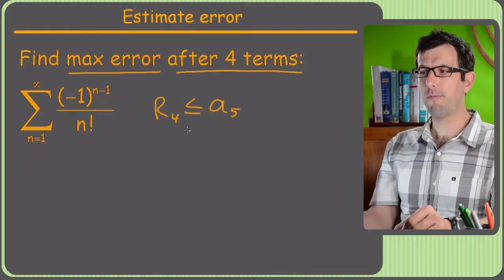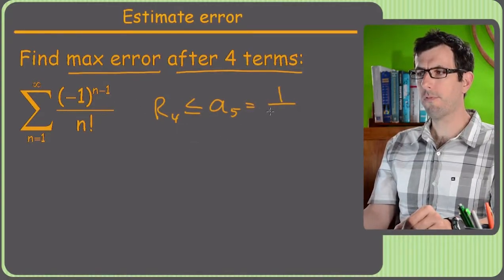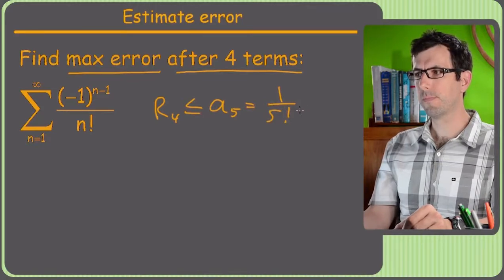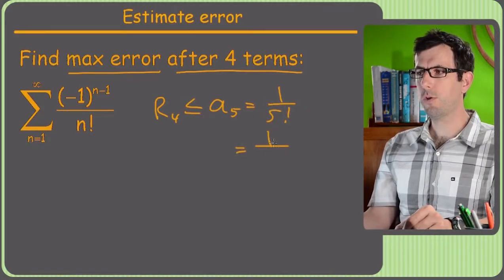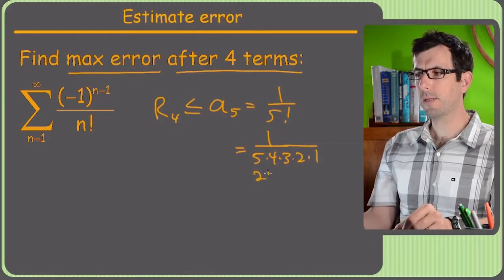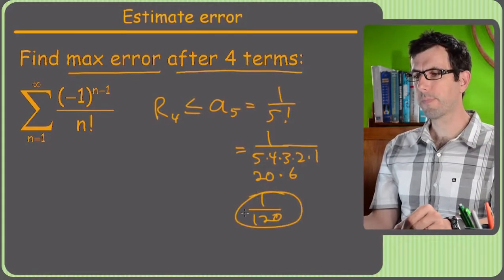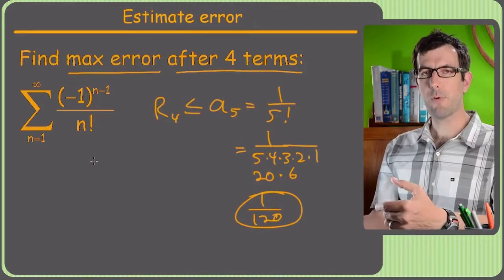So all we have to do is plug in 5, and we get 1 over 5 factorial, which equals 1 over 5 times 4 times 3 times 2 times 1. So that's 20 times 6. So we get 1 over 120.